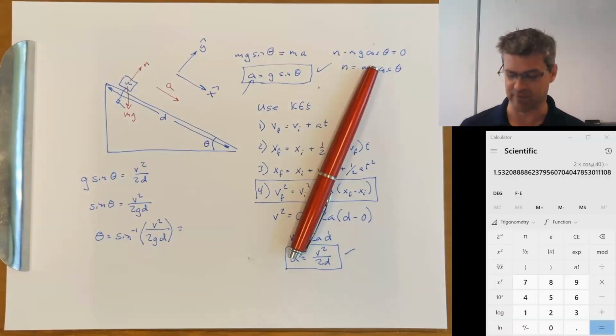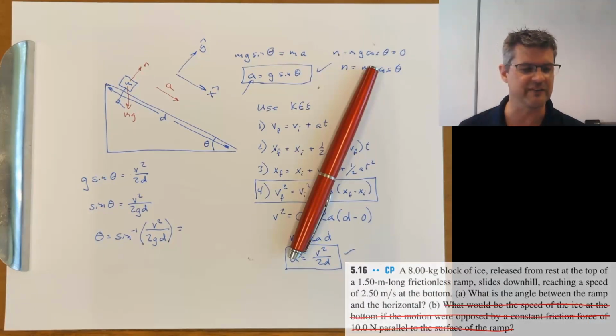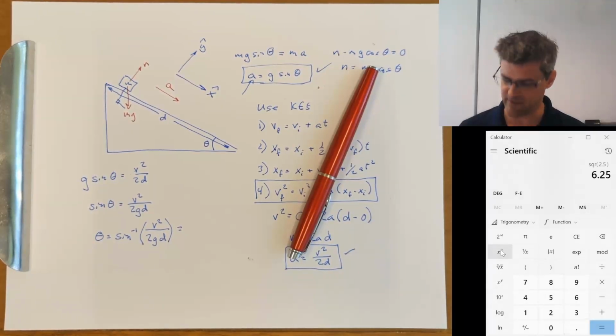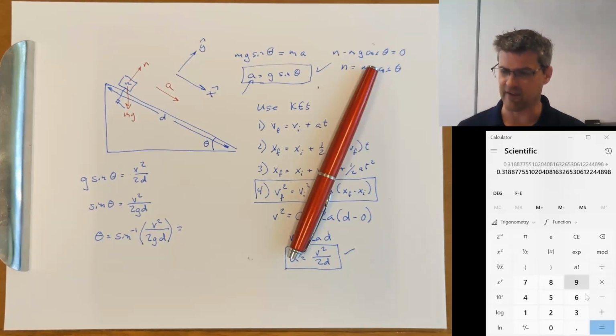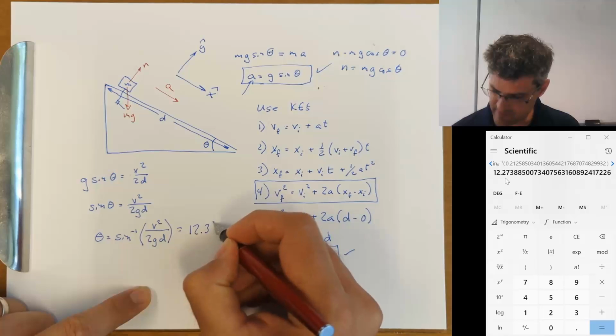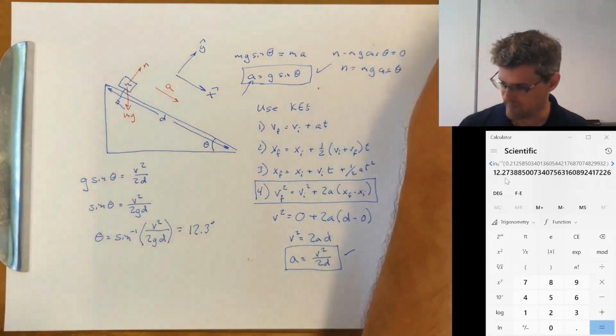Okay, pulling up our calculator here, v squared, which is, let me just check here, v squared is 2.5 squared, divide by 2, divide by 9.8, divide by 1.5, inverse sine, 12.3 degrees. That was the slope that had to be made.